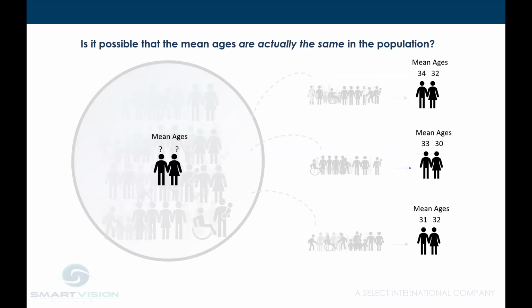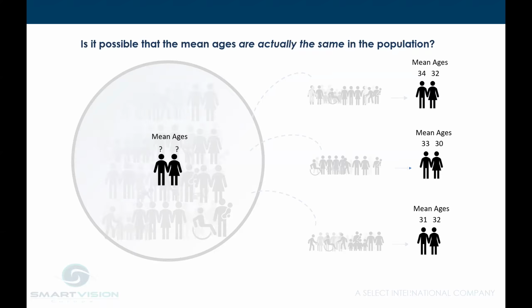We don't know what the sample size is here. It could be like 100, it could be like 50 people. We don't know. But it is possible that, in fact, they're the same in the population, and indeed, many people would say that that's the kind of thing you should be testing for. You should be testing at least to find out whether or not the difference even exists.